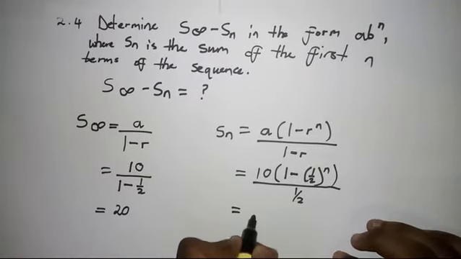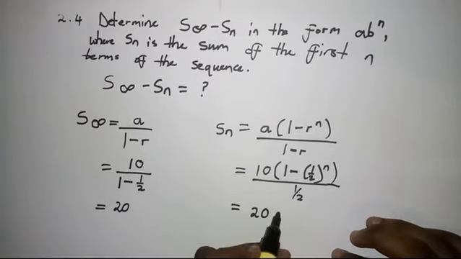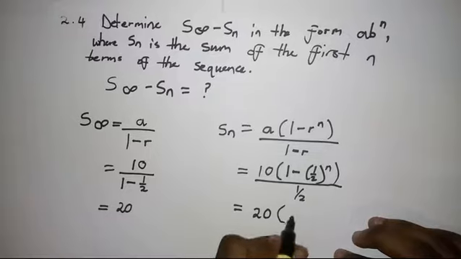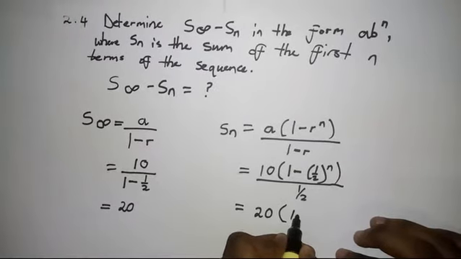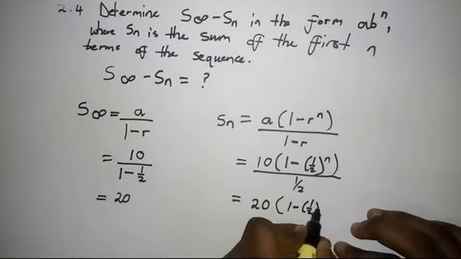This gives us 20 multiplied by 1 minus a half to the power of n.